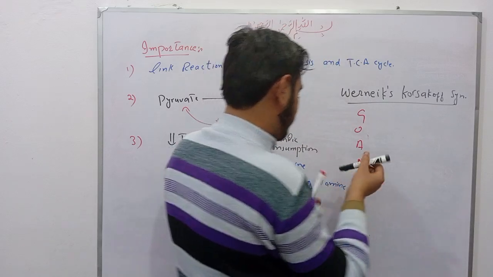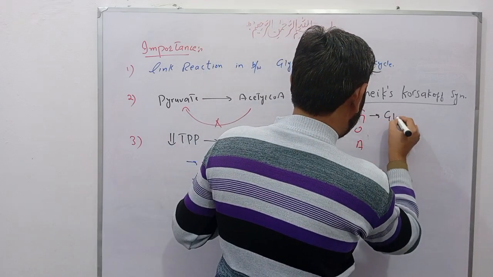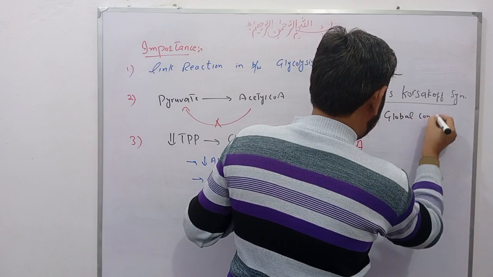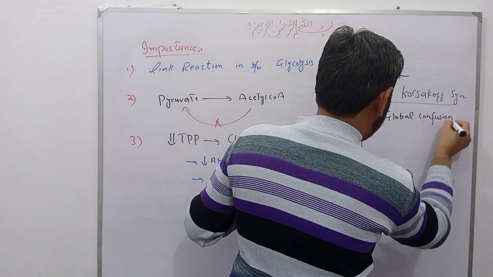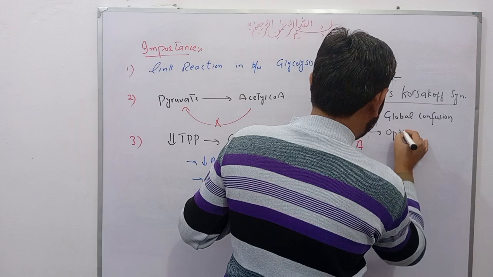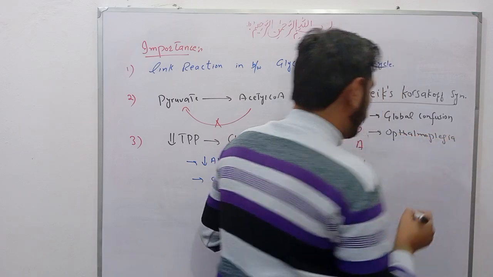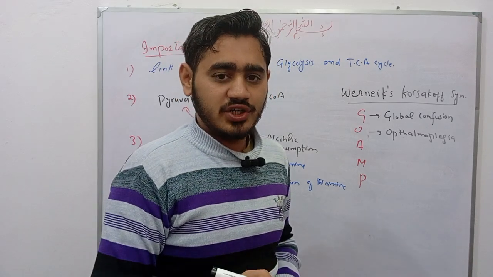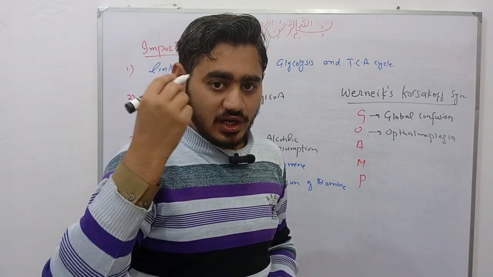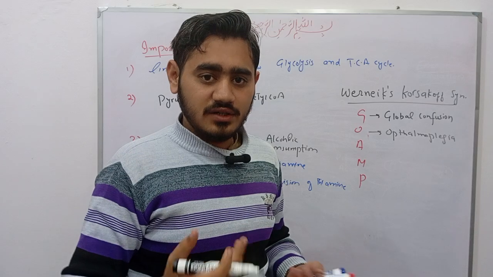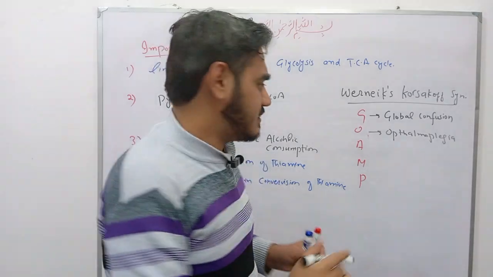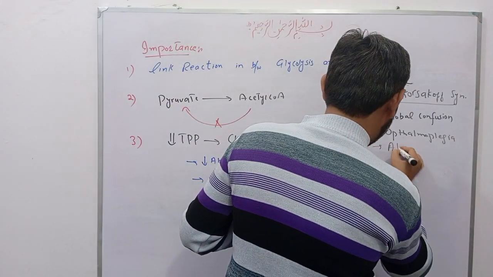This is a mnemonic. G means global confusion. O means ophthalmoplegia. Ophthalmoplegia means loss of muscle coordination, the muscles around the eyes, and arms and legs. A means ataxia.